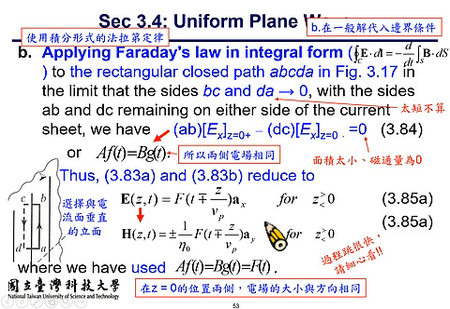When z equals 0, the solution on the two sides is both a function of t. However, as the observation point moves away from z equal to 0, this becomes t minus and plus z over Vp, which takes the form of a general solution for the function parameter.